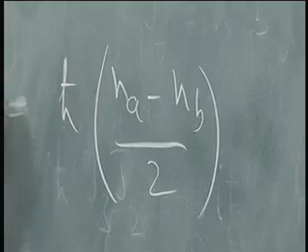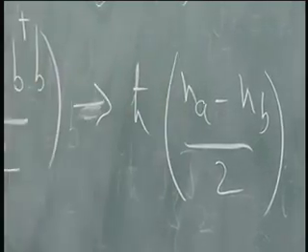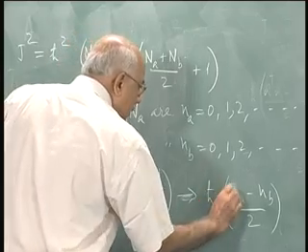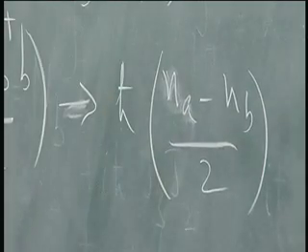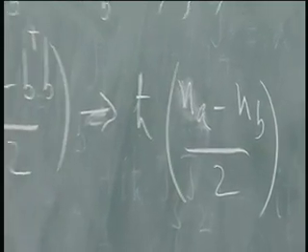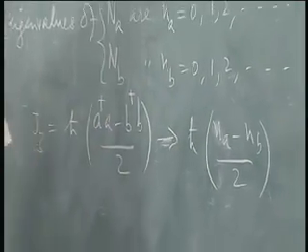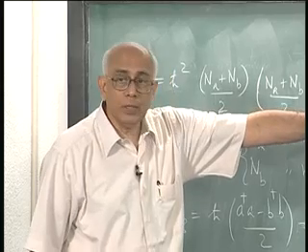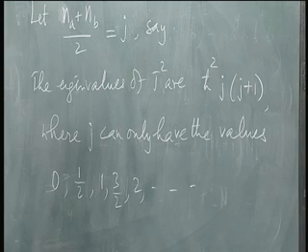So its eigenvalues would be just this, because the eigenvalues of A dagger A are little nA. And now the question to ask is, given a value of little j, given (nA plus nB)/2, what are the possible values of (nA minus nB)/2?